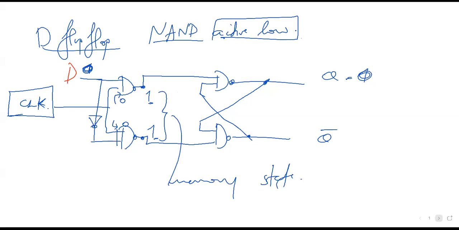Probably something I didn't explain last time. Let me do this. If I have an SR latch with NORs, this is active high. So it is something like this.